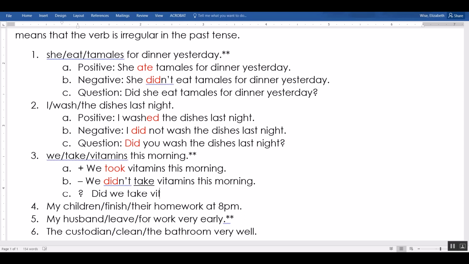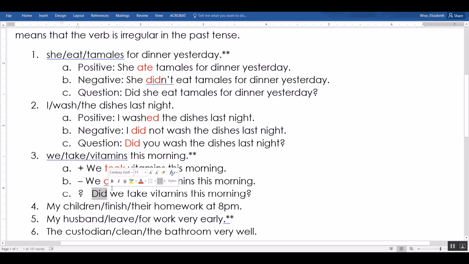So did is past, and then take is present because we only need one verb in the past. So you can see the only sentence where we put the verb in the past is the positive, because in the other two we're using did. In the negative, we use did, and in the question we use did.